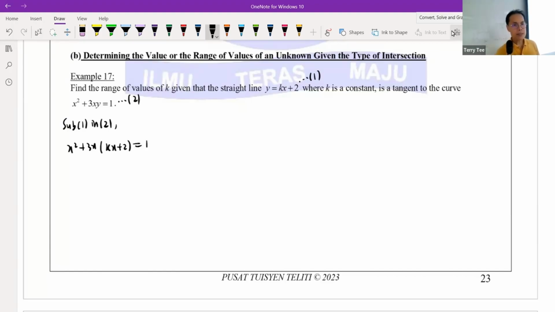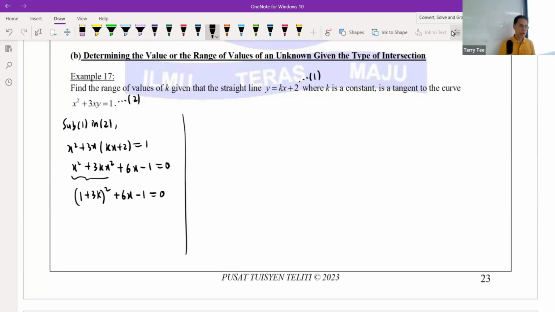Okay, can we expand this? x squared plus 3kx squared plus 3 times 2 is 6. So this is 6x. Bring the 1 over to the left-hand side. Now, these two we can put together. You should get 1 plus 3k bracket x squared plus 6x minus 1 equals 0.